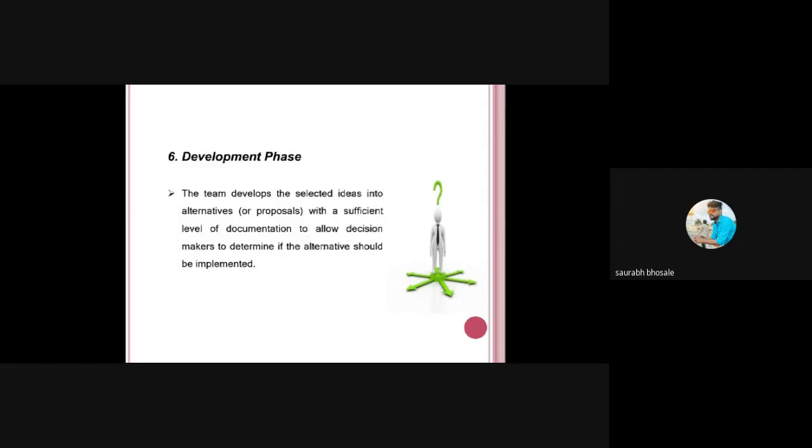Whatever operations are required to develop that particular product, whether we can carry out those operations in our in-house plant, or we have to outsource those operations, or manufacture that component from outside the industry, then in that case, how much is the cost for that particular operation.